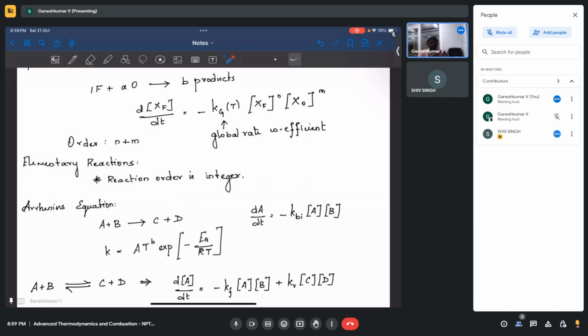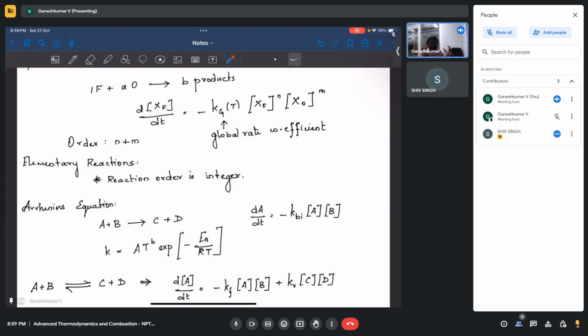So basically, if a reaction has to happen, what is required? Particles have to move, right? The gases, the reactant molecules, the oxidizer molecule and fuel molecule have to move. Temperature is nothing but the kinetic energy of these molecules inside the gases, the microscopic motion of the molecules.